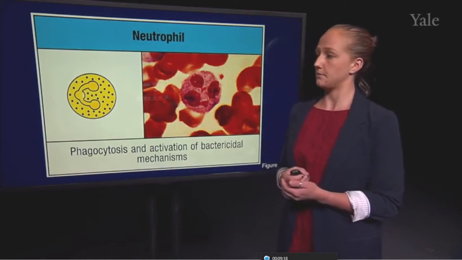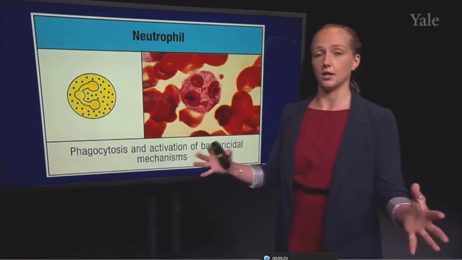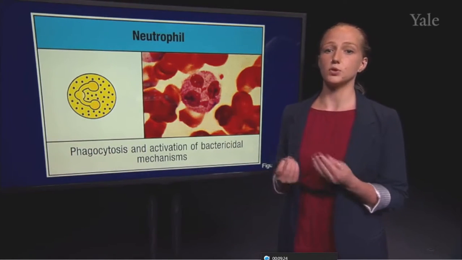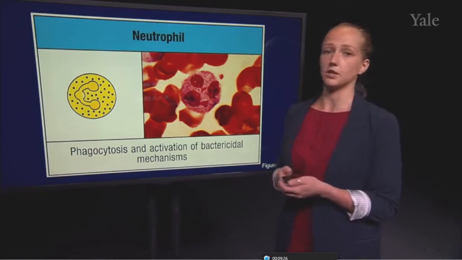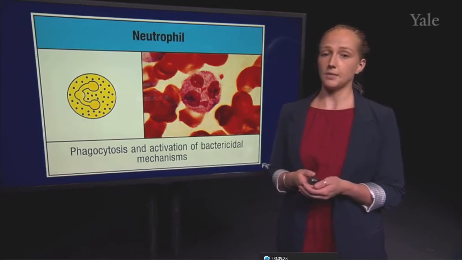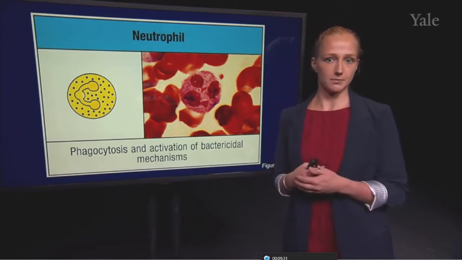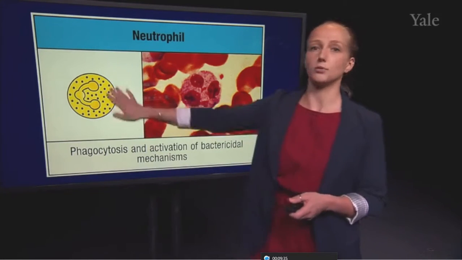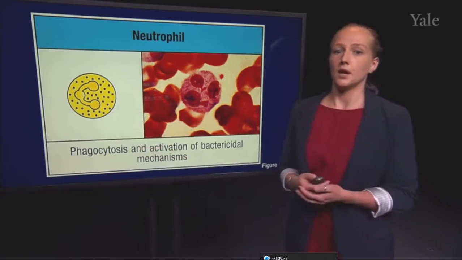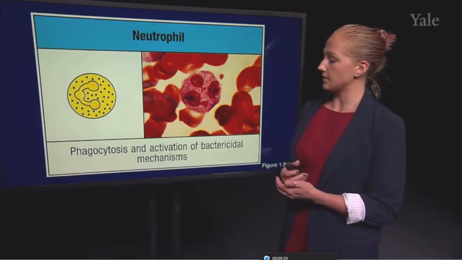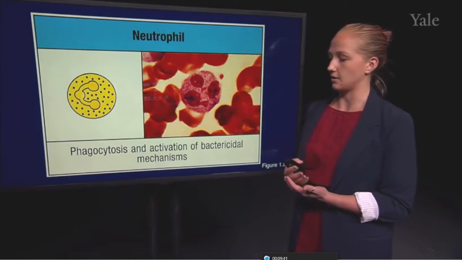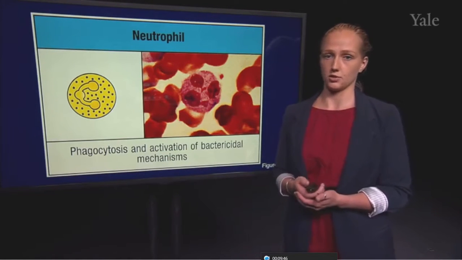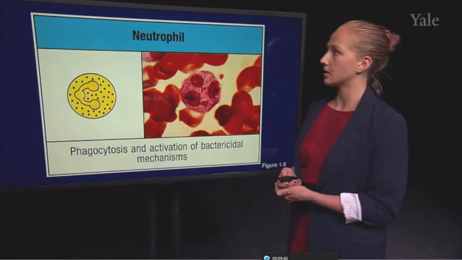So this means that it can uptake various things from its environment by engulfing them. It's also one of the most numerous and most important cells of our innate immune systems. They take up a variety of microorganisms by phagocytosis and destroy them by these intracellular granules that we see here. So they also have a variety of different bactericidal mechanisms that again we'll delve into in our next lecture on the innate immune system.